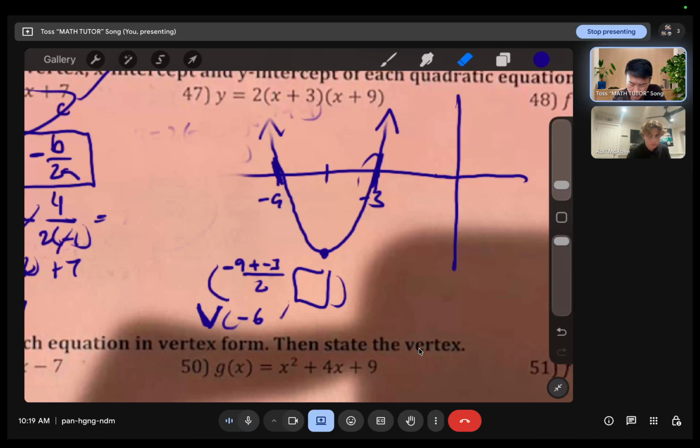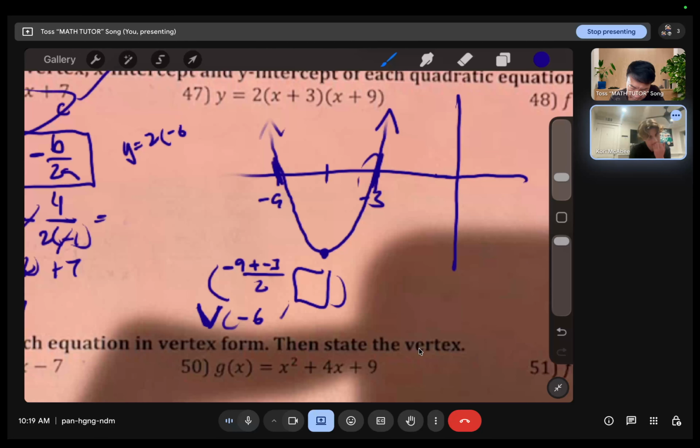So let's do the y again. Y equals 2 times -6 plus 3 times -6 plus 9.